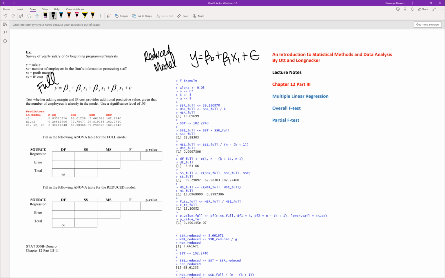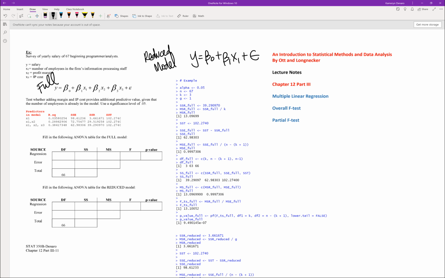We see that here. Sum of squares due to regression should increase, right? The sum of squares total should stay constant no matter what variables are in the model. Remember, those are just our observed y's minus our y bar, quantity squared, and neither of those things is changing regardless of the number of variables in our model. So the sum of squares total will stay constant.